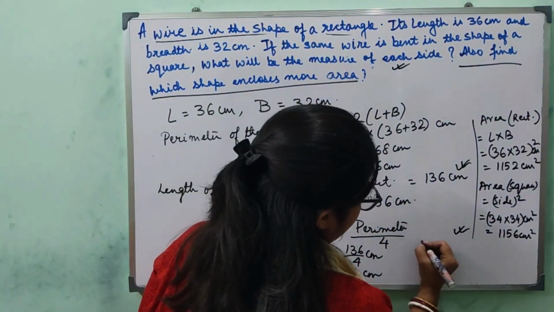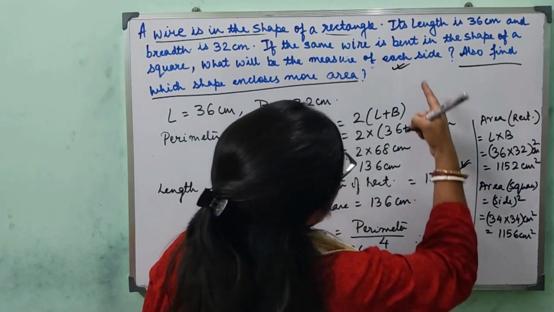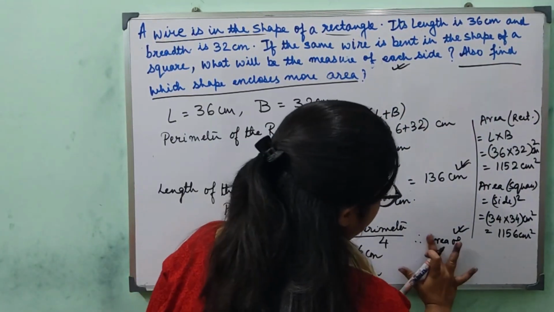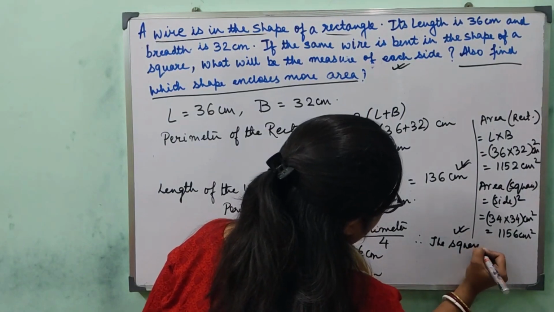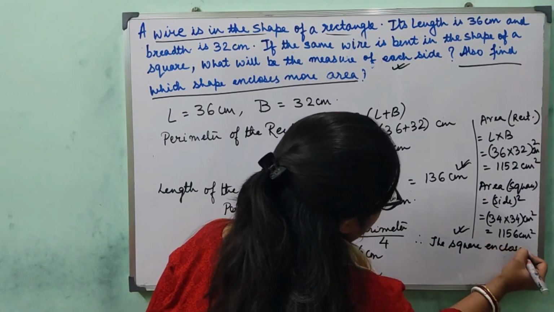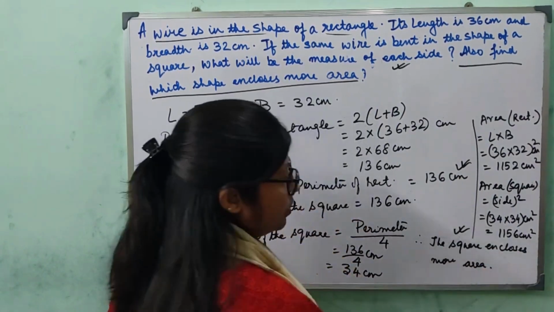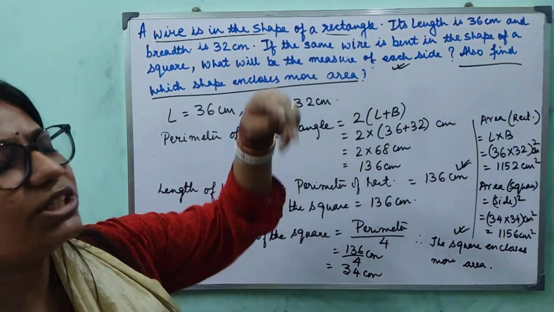Therefore, which shape encloses more area? The square encloses more area. So this can be used for different shapes.